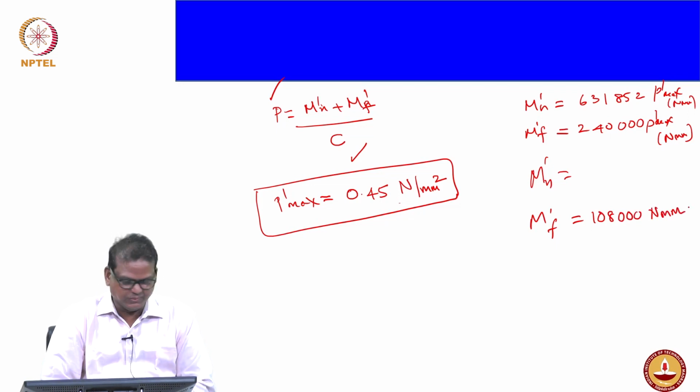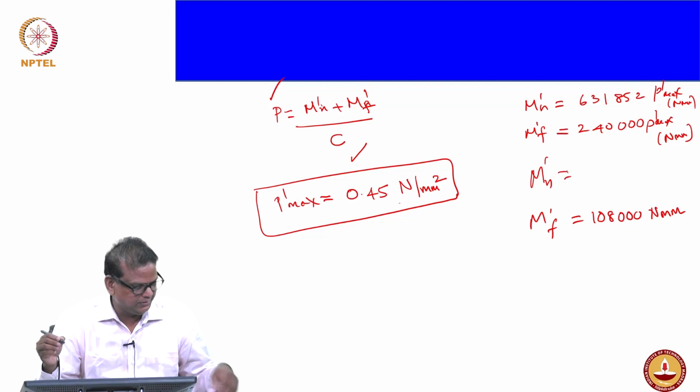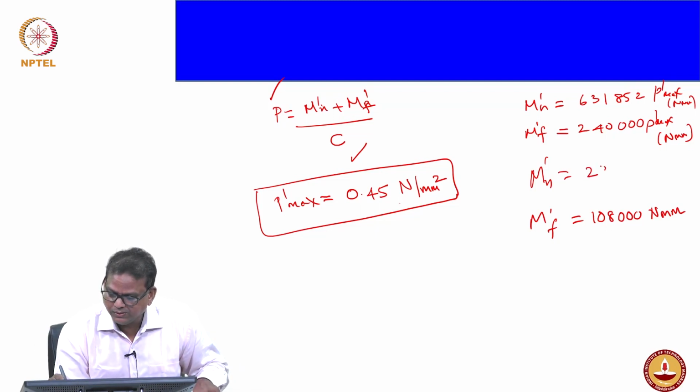That's clearly given. What about your Mn dash? 333. Okay, that's fine. Leave it at 0.4.